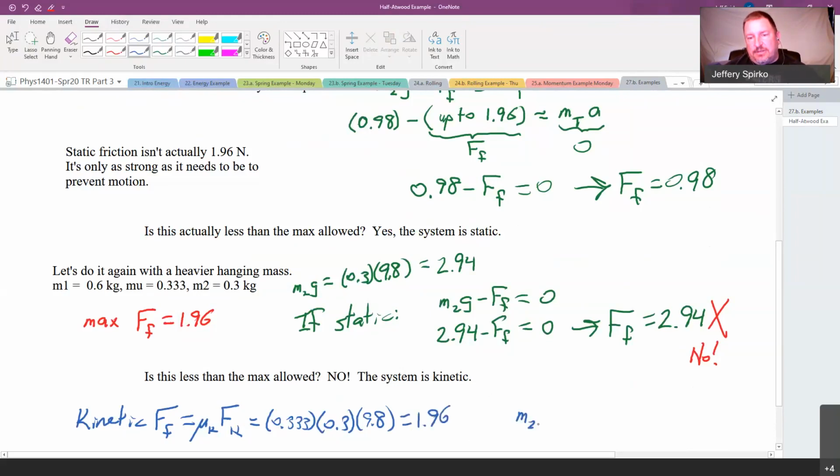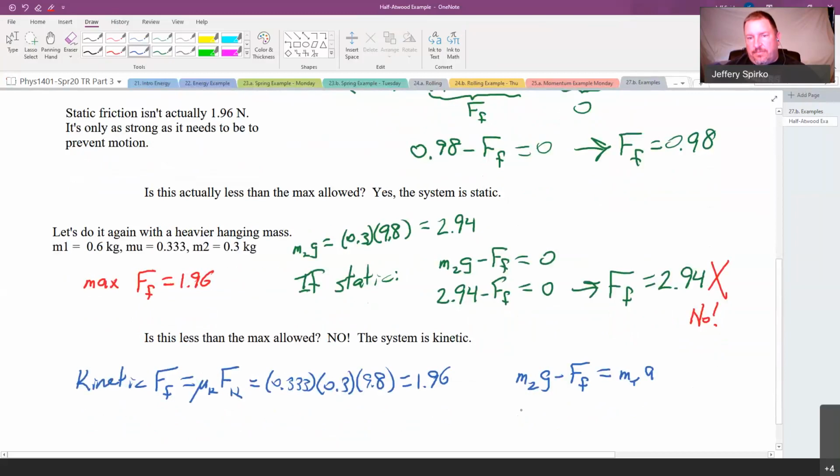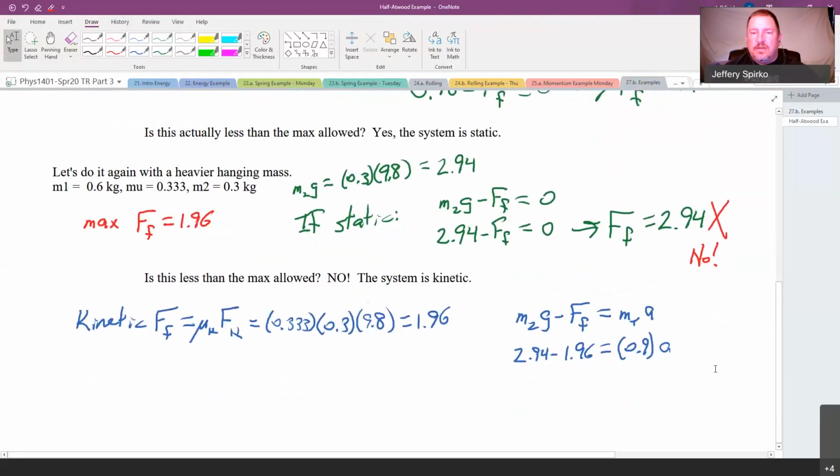And then we have M2G minus force friction is equal to M total A. And this is our 2.94 minus this is our 1.96 equals total mass 0.9, 0.3 and 0.6 is 0.9 times A. So that's how we can figure out 2.94 minus 1.96, close parentheses, divided by 0.9.